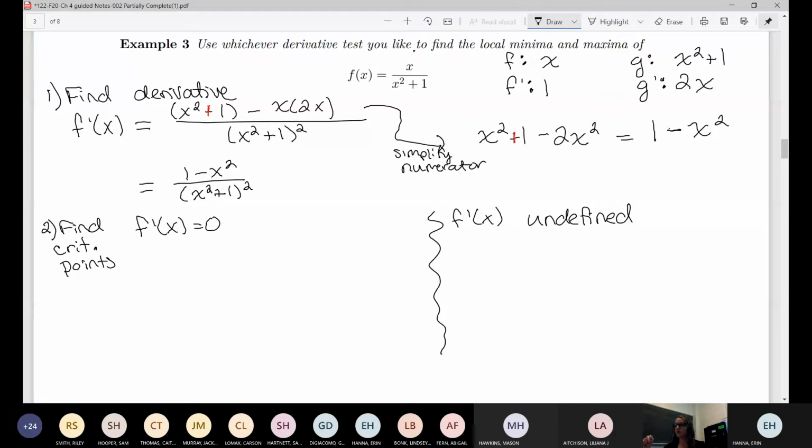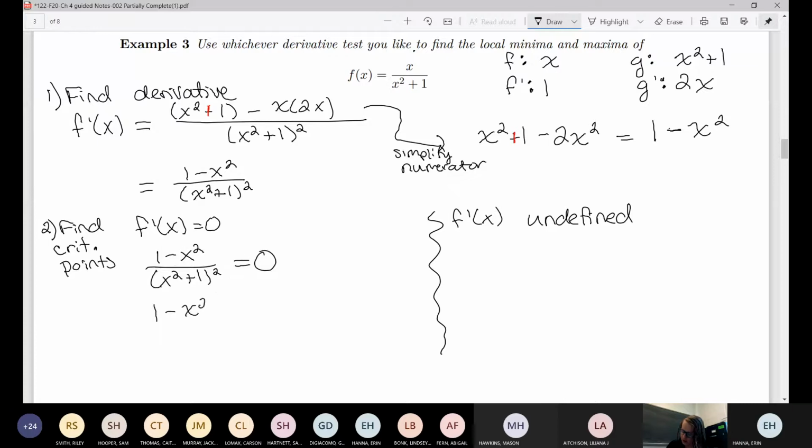So that's resharing. There it goes. What do we do? So f prime equal to 0. So we take our derivative, 1 minus x squared over x squared plus 1 all squared, equal to 0. If we wanted to start solving this, we would take this entire denominator and multiply it to the other side.